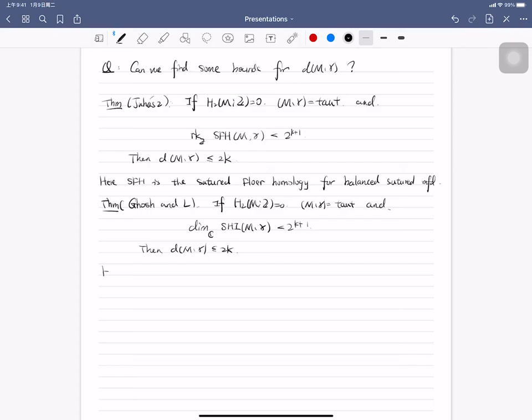Right, so here SHI is the sutured instanton Floer homology.